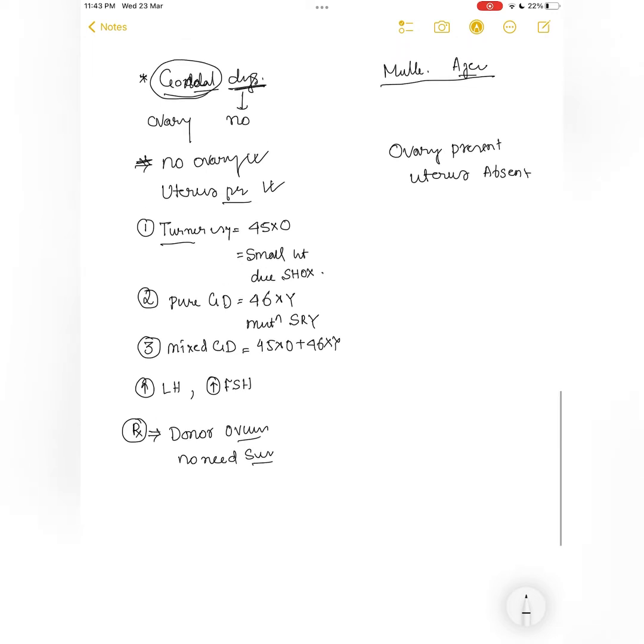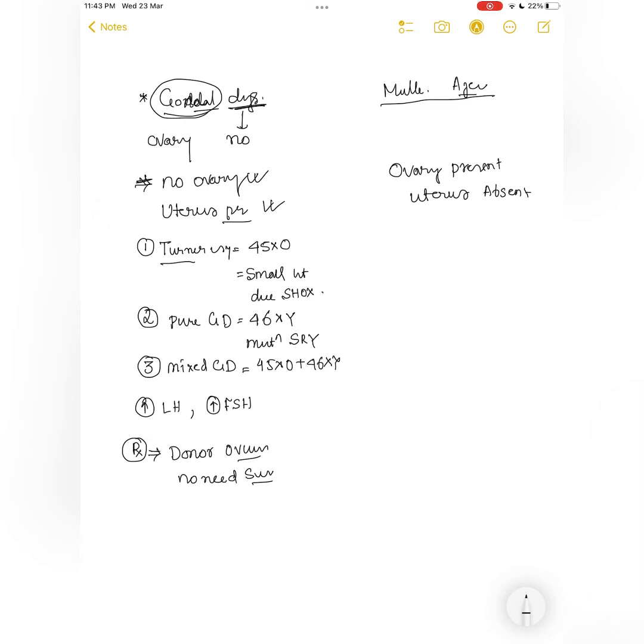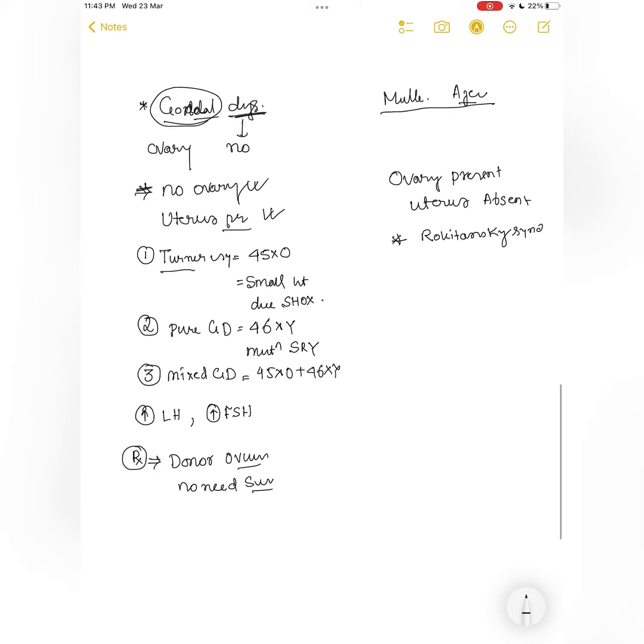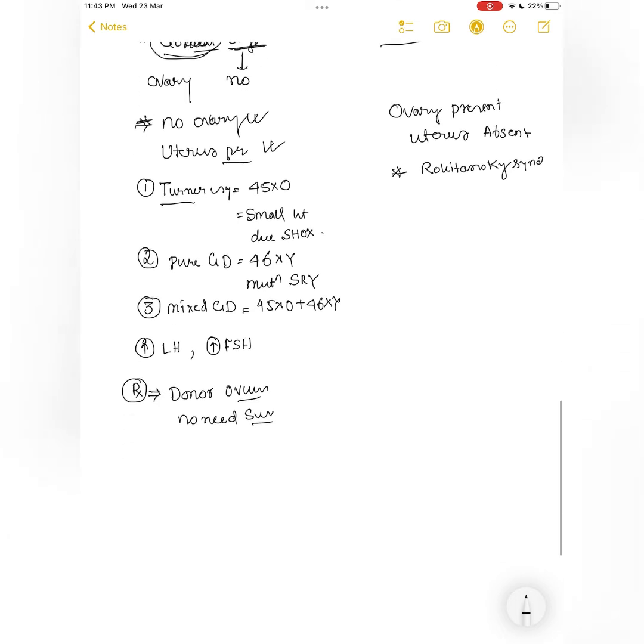In case of Mullerian agenesis, the disease is Rokitansky syndrome, also known as MRKH syndrome, where the ovary is present and the uterus is absent. So there is no need for a donor ovum, but as the uterus is absent, uterus transplantation has to be done.